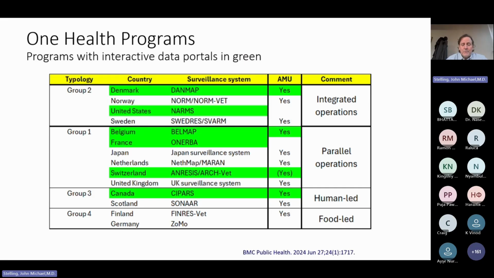But before I mention the 4 groups, the first thing you will notice on this slide is every one of these is a high resource country. So the first conclusion from this paper is there is obviously insufficient information about what is happening in low and middle income countries. Partially that reflects that there may be no activities.